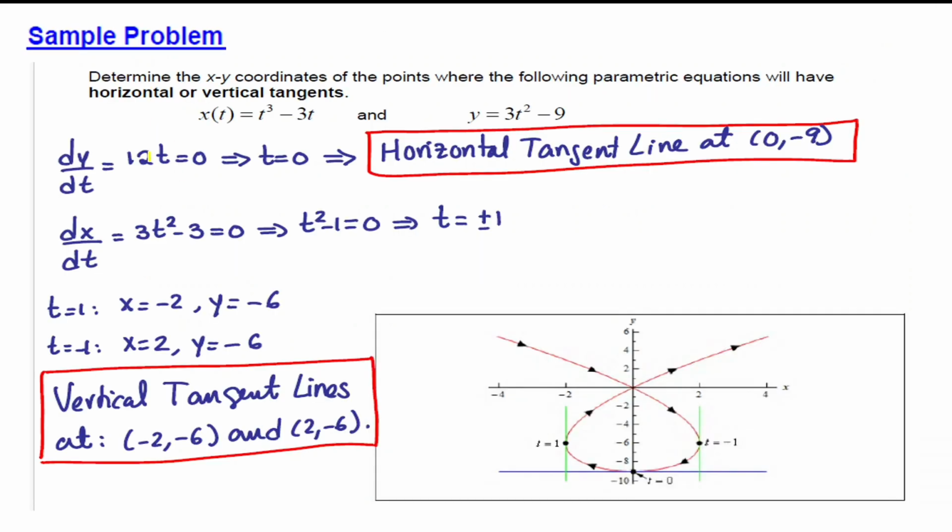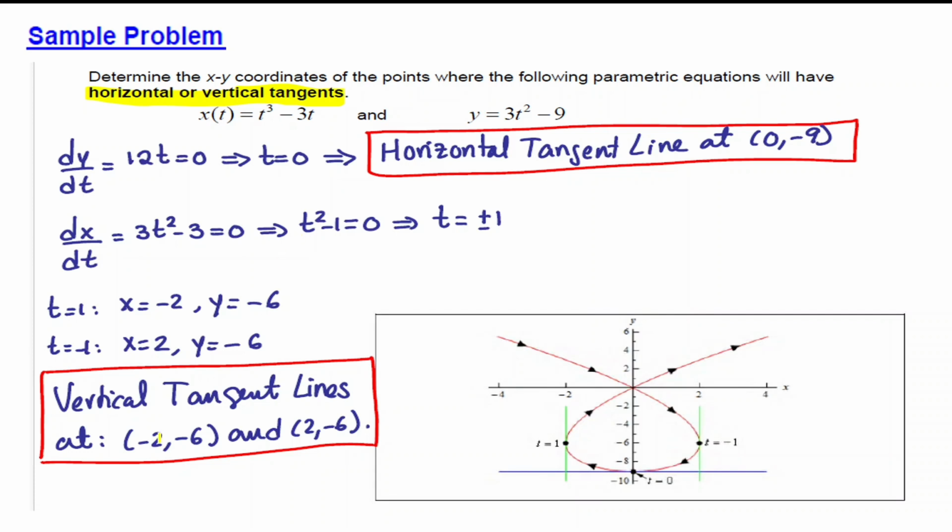Here it's a solved one, I just want to discuss the idea with you quickly. I need to determine the xy coordinates of the point where the following parametric equations have a horizontal or vertical tangent. So I have the two parametric equations and I need to check where we have a horizontal and vertical tangent.